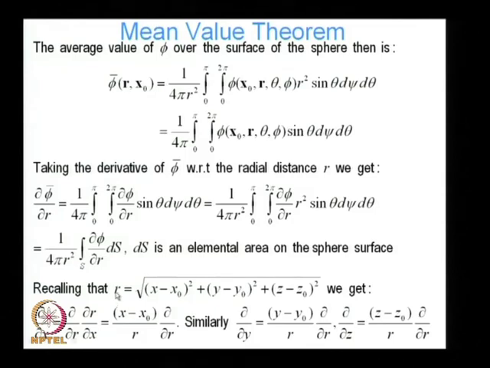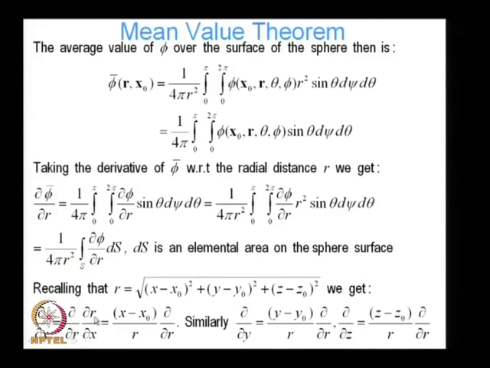So, on the surface of the sphere, we know r is equal to the square root of x minus x 0 square plus this, right. So, x is a point on the surface of the sphere, x 0 y 0 z 0 is the origin. So, r can be written like that, right. So, I can write partial with respect to x is equal to partial with respect to r and partial of r with respect to x.